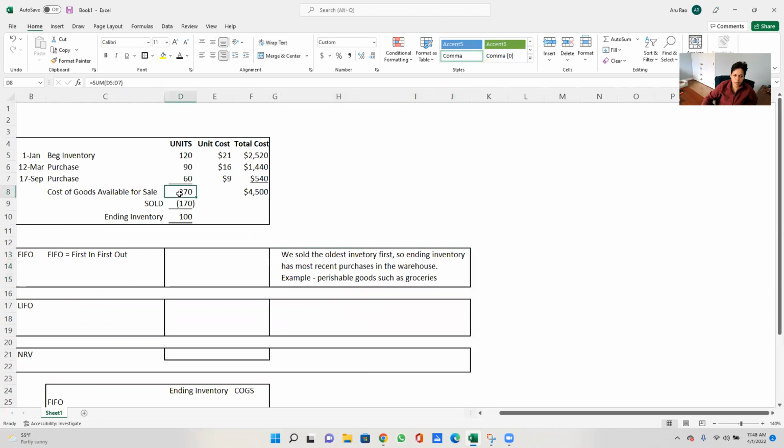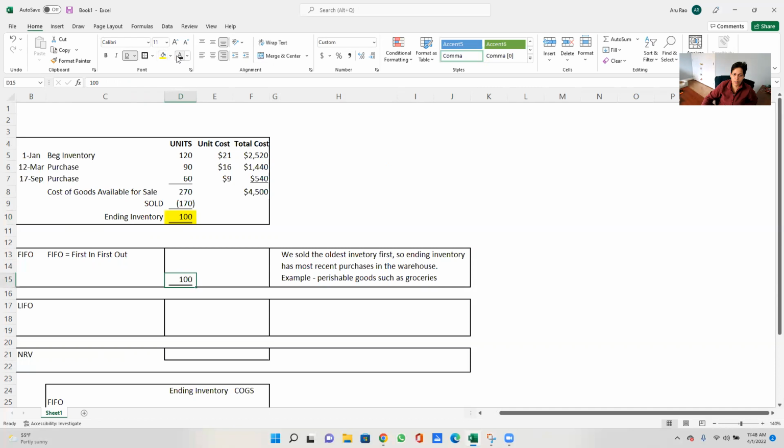So I had 270 available. I sold 170. So what did I sell? I had a choice of selling from the 120, 90, and 60. Obviously, what I sold was the 120. I started out over here. So another way of doing this is my focus is going to be on this ending inventory. It's easier to look at the smaller number. I have 100 units left.